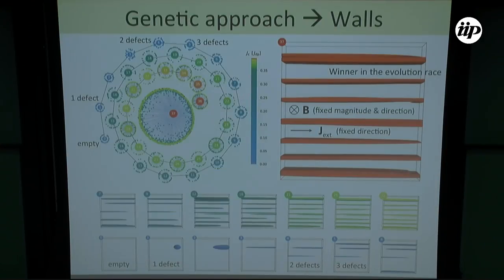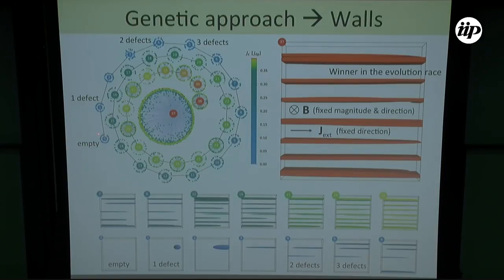So this is the evolution tree. By these thick marks, I show the successful mutations, and by these smaller dots, the unsuccessful or dead mutations with smaller current.